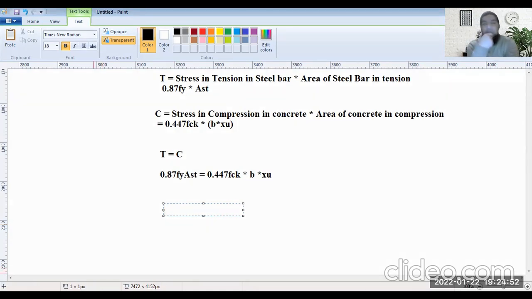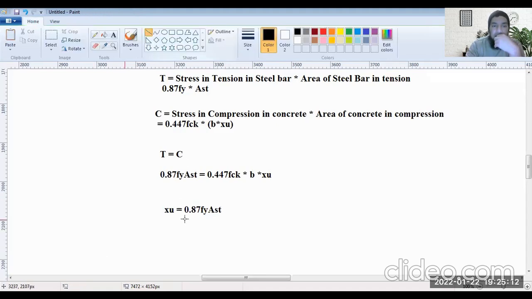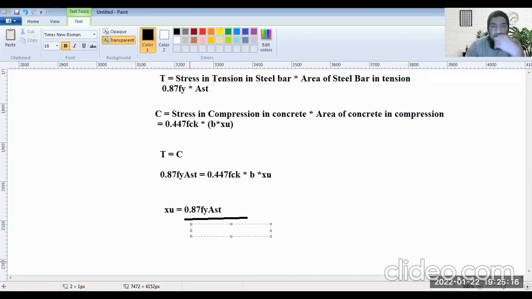So now you can get the XU, the neutral axis, from this equation. It would be 0.87 Fy AST divided by 0.447 FCK into B.